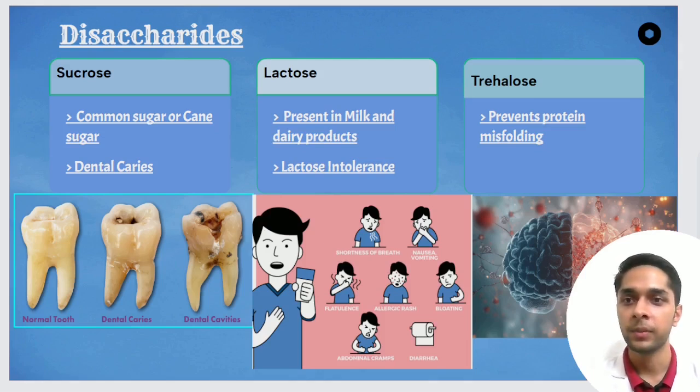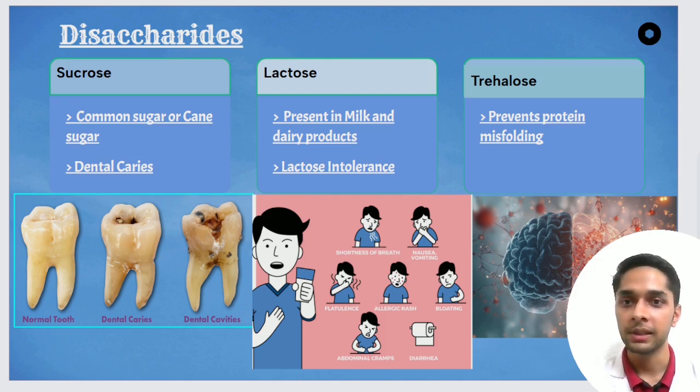Among disaccharides, major ones like sucrose, lactose, and trehalose hold immense importance. Sucrose, for example, is commonly implicated in dental caries. If we consume too much sugar, our teeth will rot by the production of acid that the bacteria present in our mouth produce, which degrades the enamel of the tooth, and slowly the tooth decays.